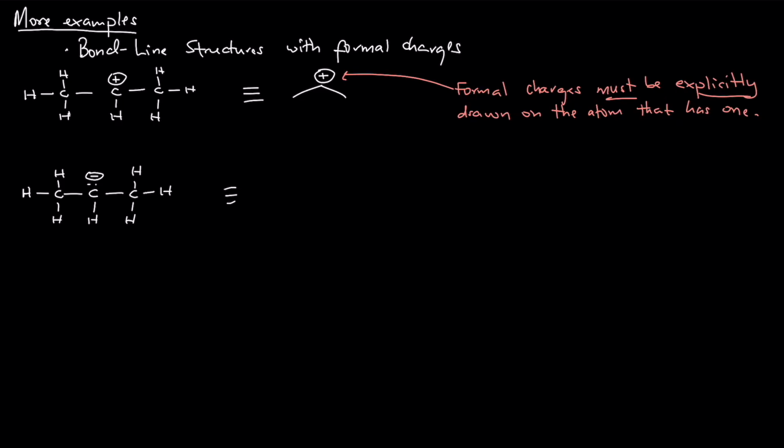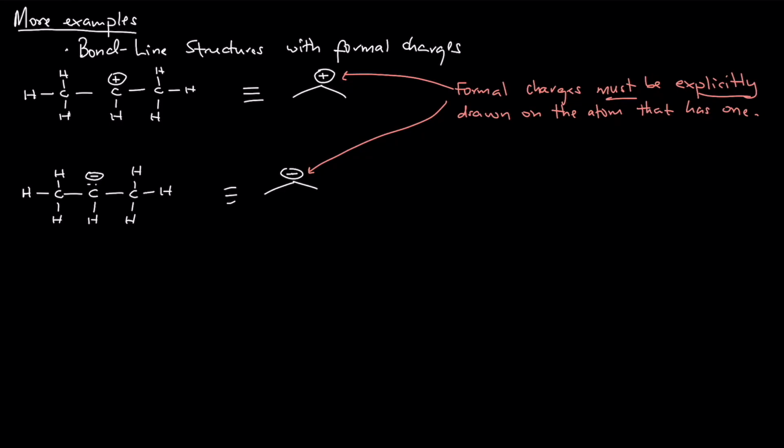And note that we've explicitly shown the formal charge -1 on that particular carbon. Once again, when you're trying to represent this as a bond line structure, you draw out the zigzag formats, but once again, you explicitly show that there's a formal charge, in this case, -1 on the middle carbon.